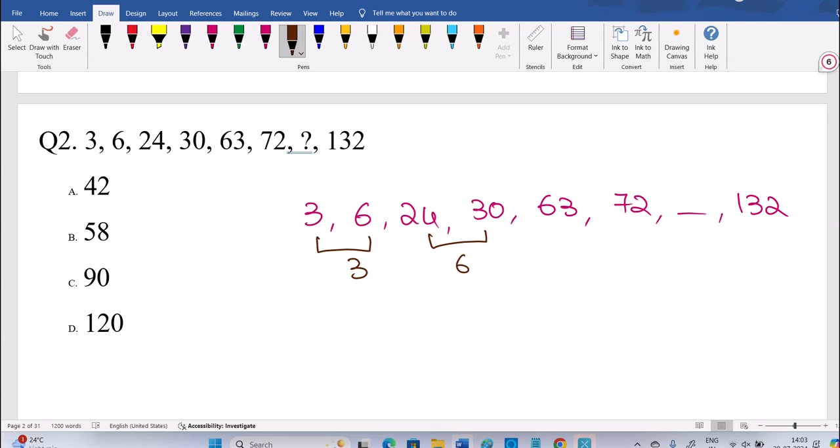Then 24 and 30 is 6, and 63 and 72. Taking two numbers at a time gives a simple logic. We are worrying about 6 and 24. Many people struggle there and stop the process. But the other side of the coin is this.